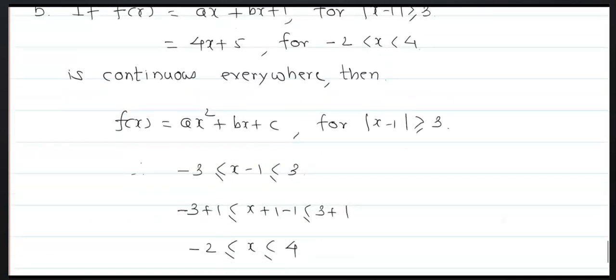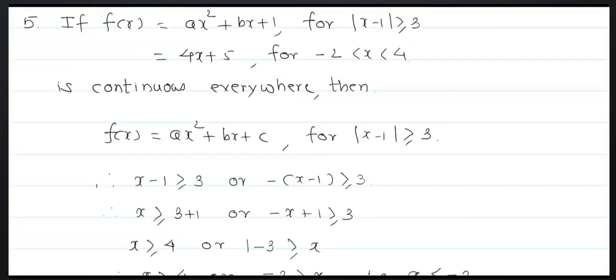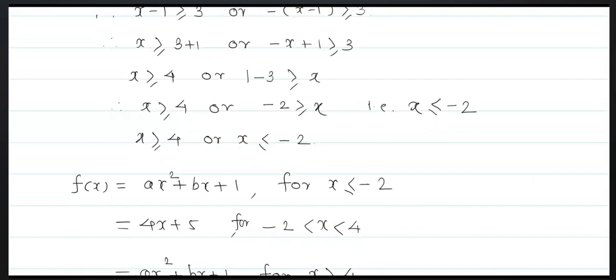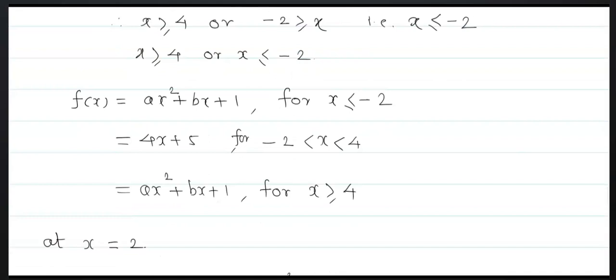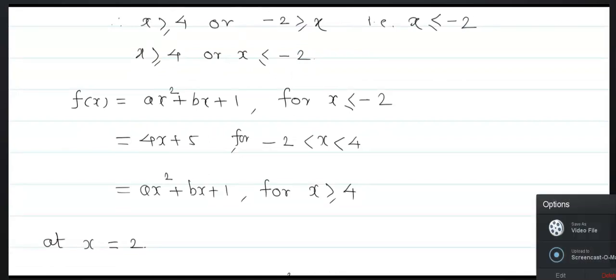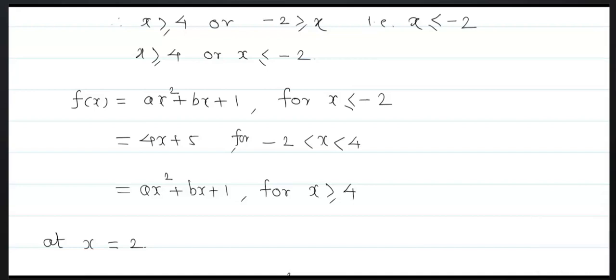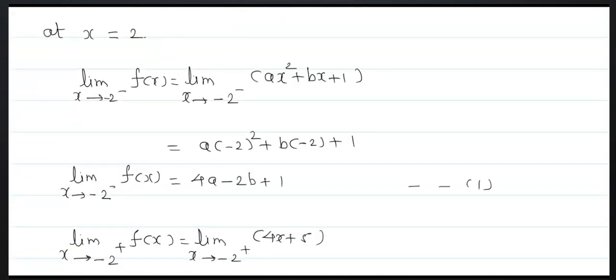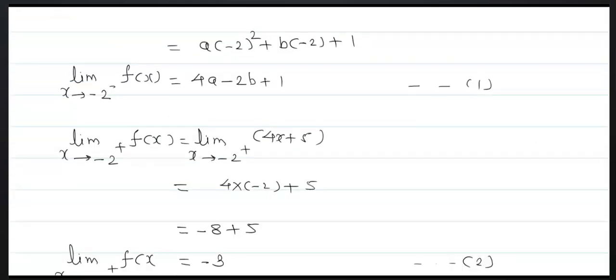That is, x lies between minus 2 and 4. We'll check the continuity at x equals 2, left and right.